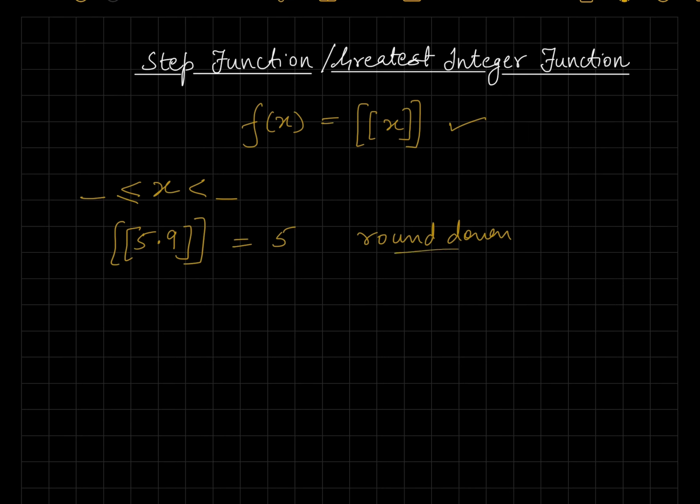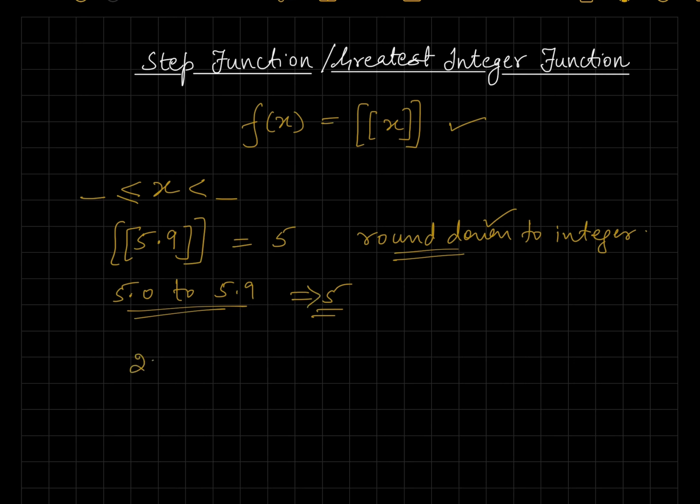Normally when we round 5.9 up, we write it as 6, but here we are rounding down to the integer. So we have to remember that all the numbers from 5.0 to 5.9 will be equal to 5.